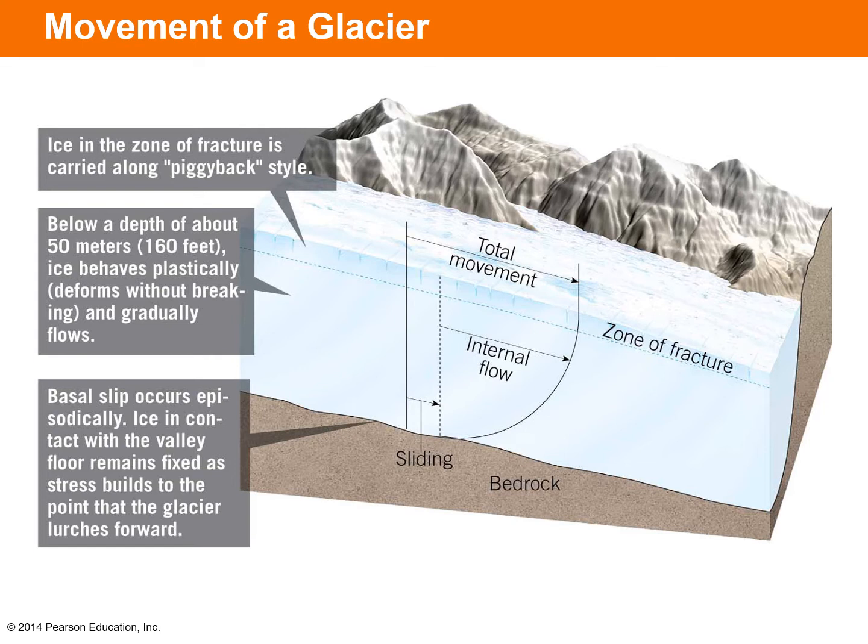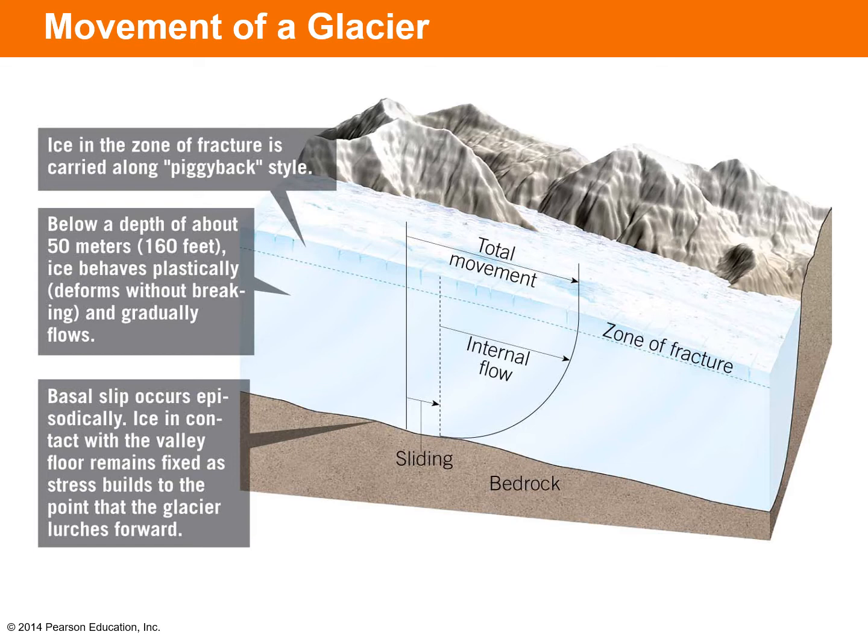And then below a depth of about 50 meters or 160 feet, ice behaves plastically or has that plastic type of movement that we just talked about, where it deforms without breaking and sort of gradually flows. And it flows this way here instead of fracturing due to all of the pressure of the overlying ice. And then finally, at the bottom of a glacier, you have this basal slip occurring.